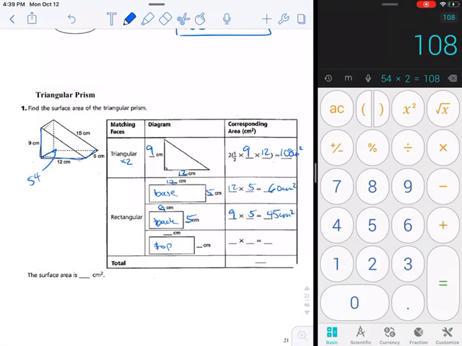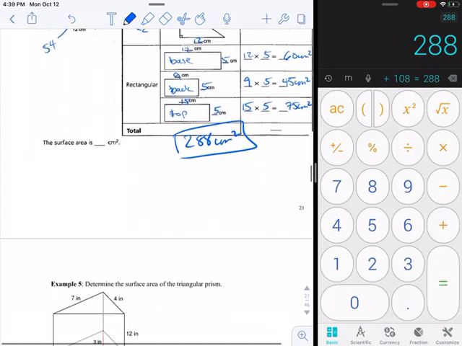And then the top is going to be 15 by 5. So 75. So we add that all up: 75 plus 45 plus 60 plus 108. We get 288 centimeters squared.